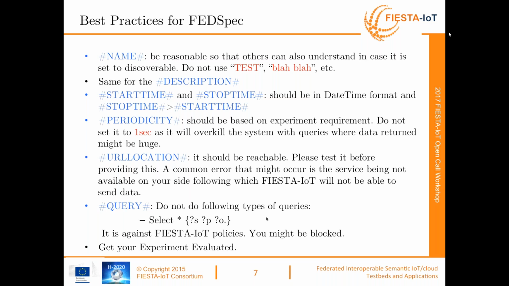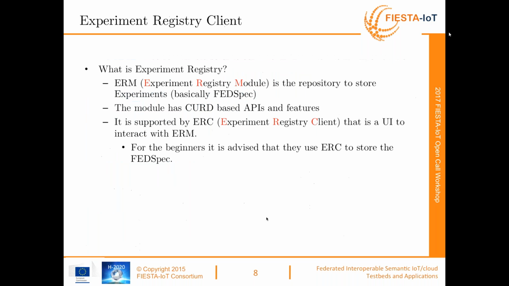For URL location, it should of course be reachable. If it's not reachable, the data will not be sent to you, and you might complain, oh, Fiesta is not sending me data. So the best practice is to check first if the URL location is actually available and Fiesta is able to, or somebody is able to, send this information to this location.